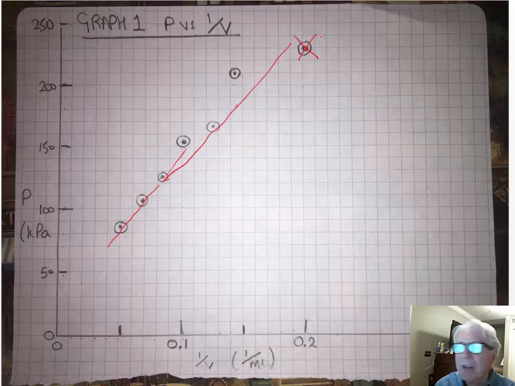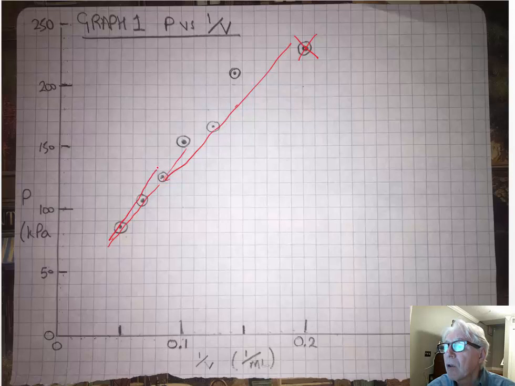As I say, I don't worry about that point there. I'm going to label it anomalous point, possibly saturated. That's going to give me one slope, and then I'm going to look on this side and get another slope.